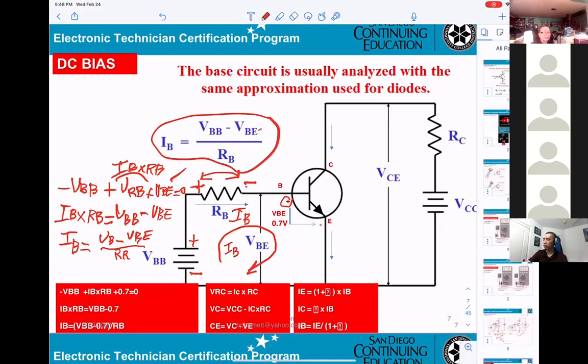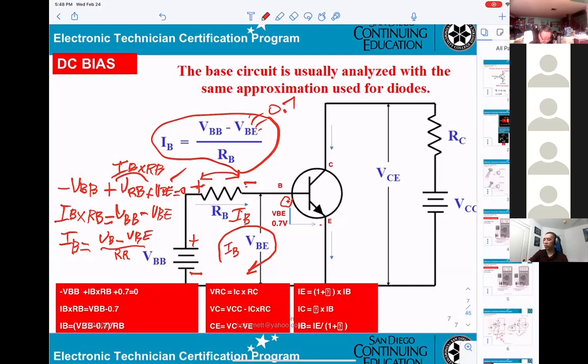That's why they already gave it to you right here. If you want to calculate the IB, you take VBB minus VBE, and this VBE equals 0.7, then divide by RB, you get IB.